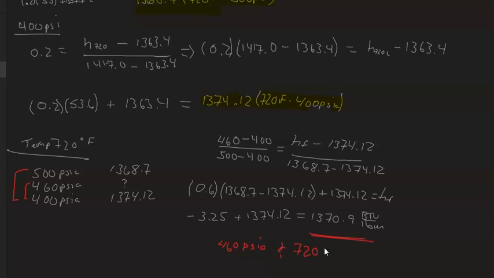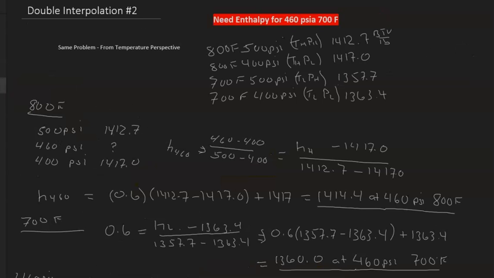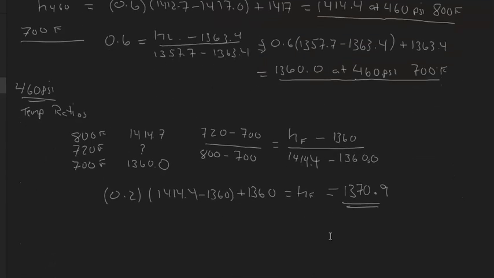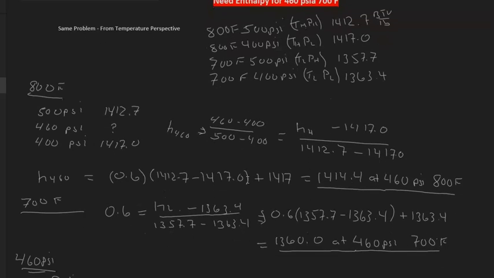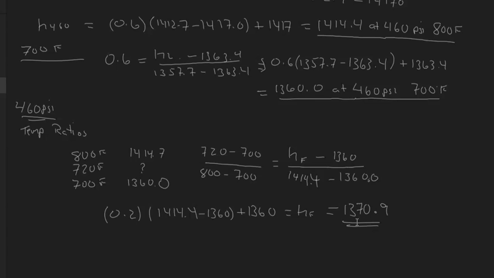720 degrees Fahrenheit. I also had the opportunity to, I thought it was interesting, in this case I started and took the whole process using the Fahrenheit, the PSI, looking at it from the PSI's perspective, and then coming in and using the temperatures. And it was interesting to note that if I came in from the other direction and used the pressure to start with, we just run through the entire equations again, and when it comes down we ended up with this 1370.9.